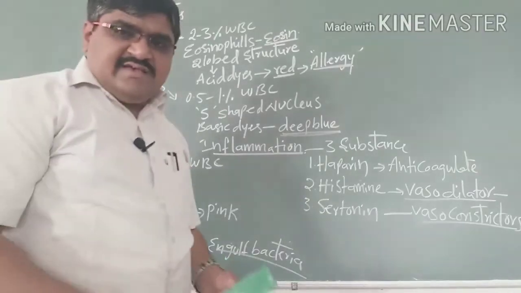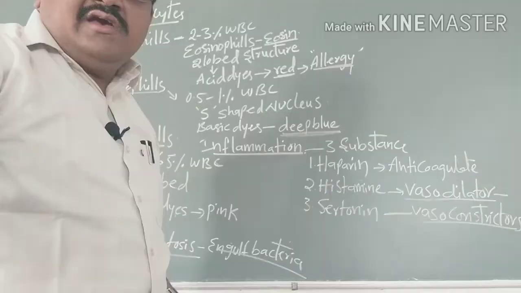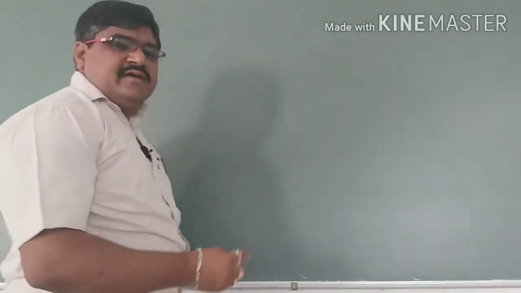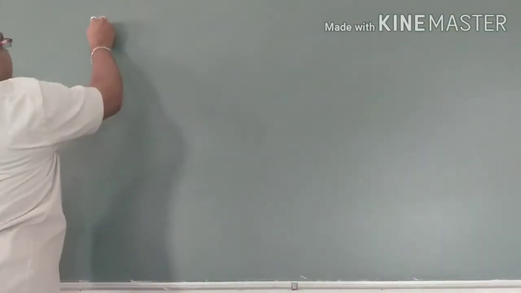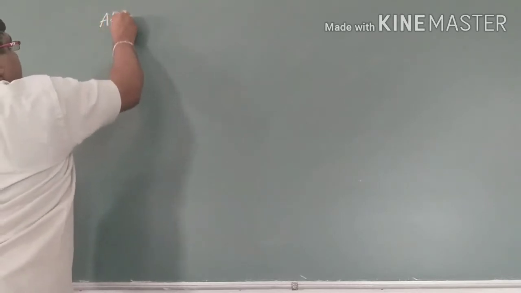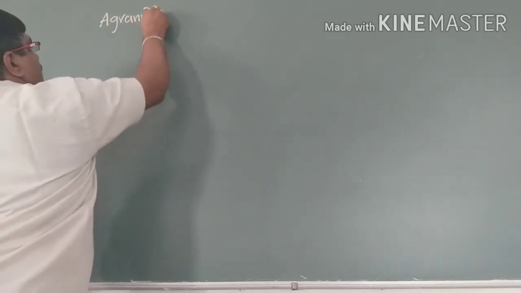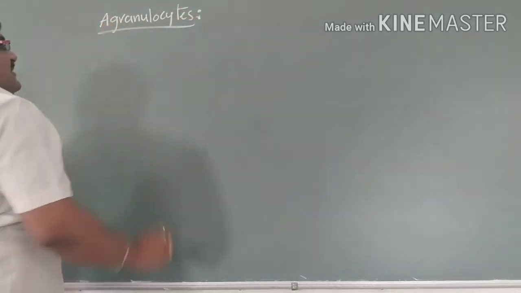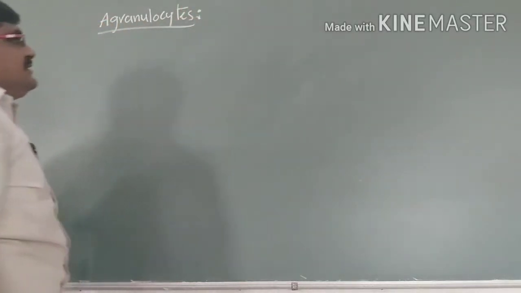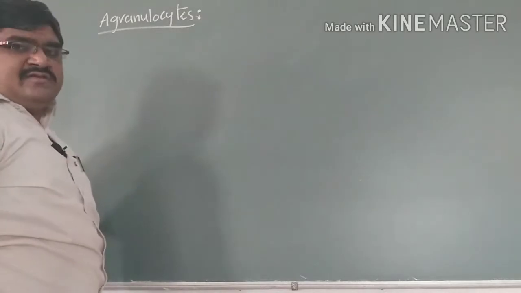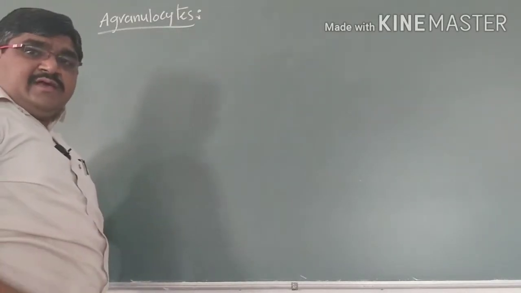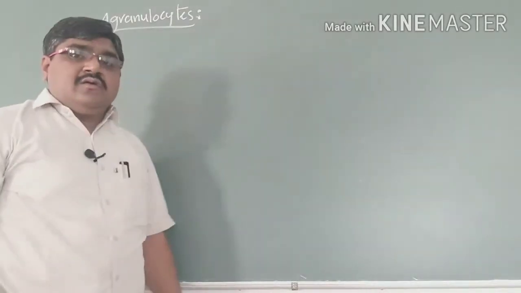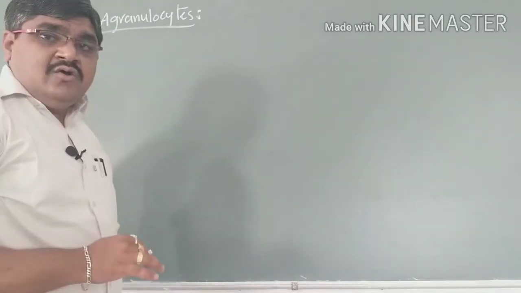Now coming to the second one, agranulocytes. In agranulocytes, the granules are absent in the cytoplasm of the WBC. So we call them agranulocytes.